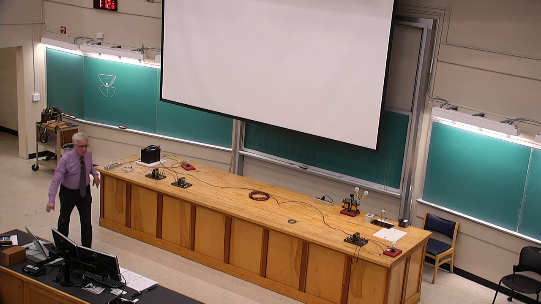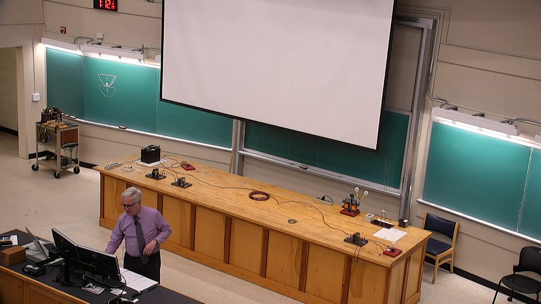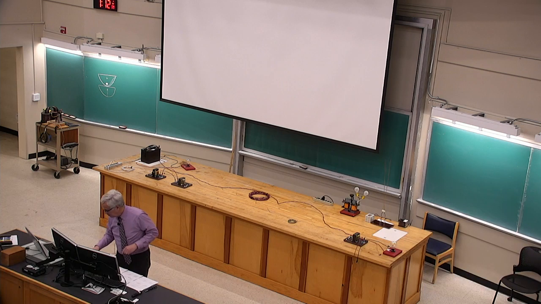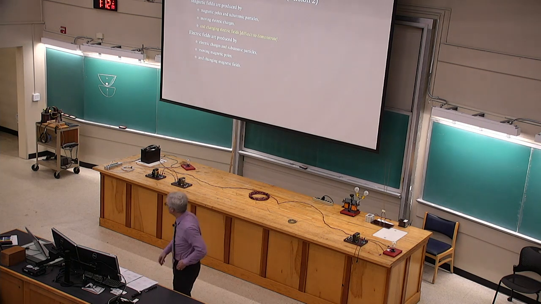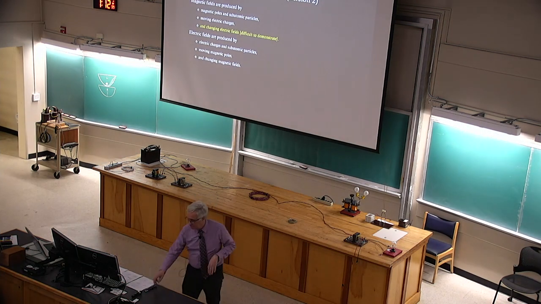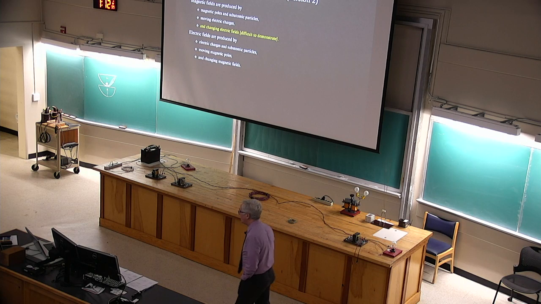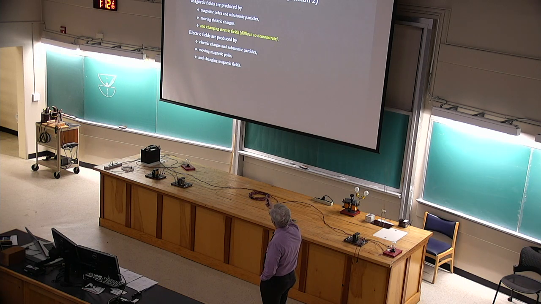Before I do that, let me just show you a slide I presented the other day that was showing you the relationships between electricity and magnetism. Let me just revisit it and finish it. It turns out that in our universe there are both electric and magnetic fields.